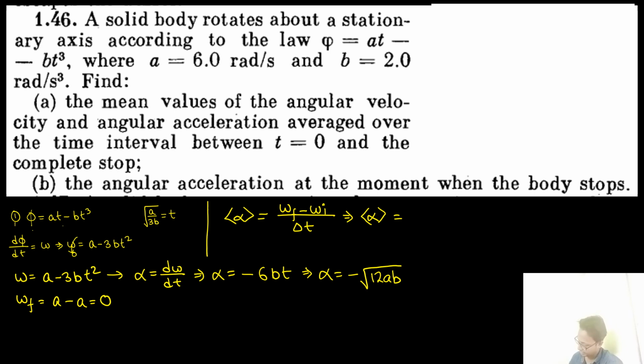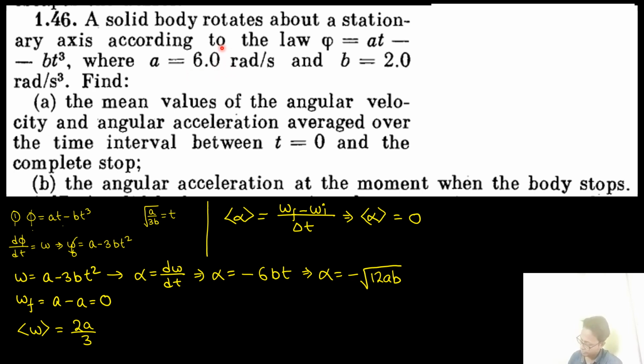So average angular acceleration is equal to 0, and final acceleration is equal to under root of 12ab. From the previous slide, what did I get? Average angular velocity is equal to 2a by 3. Average angular acceleration is equal to 0, and acceleration when the particle stops is equal to under root of 12ab.